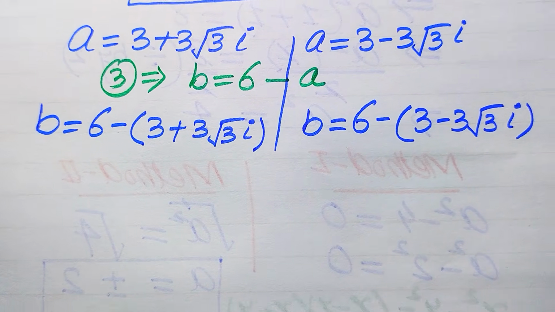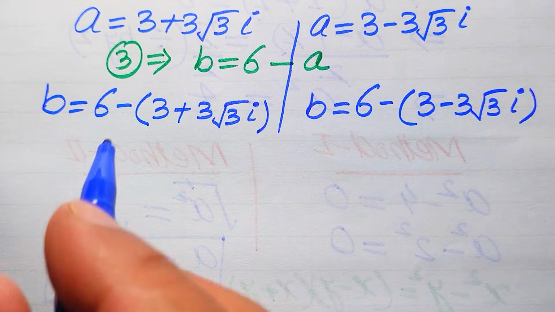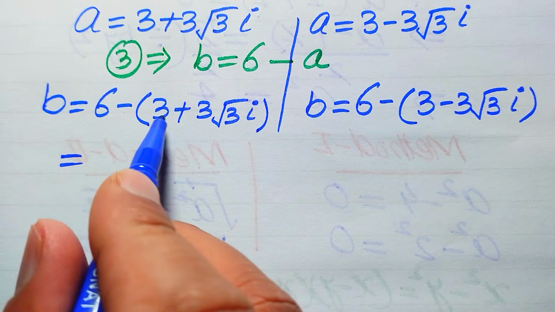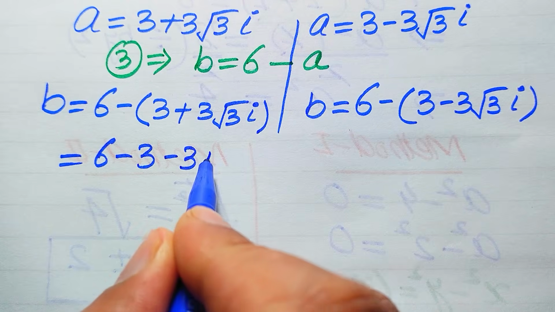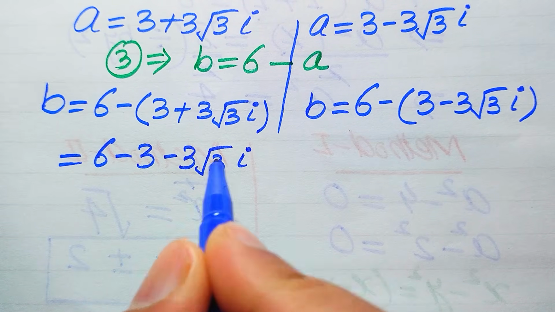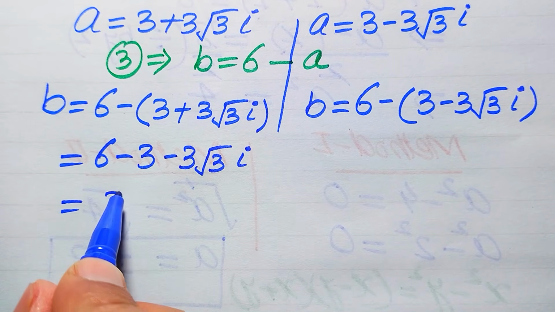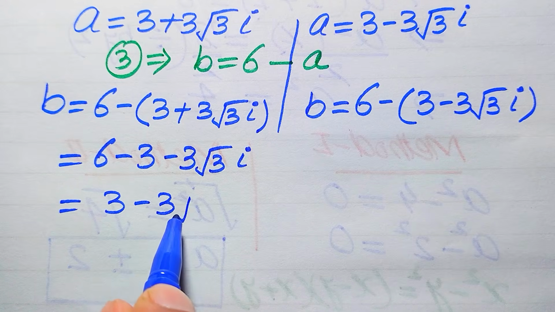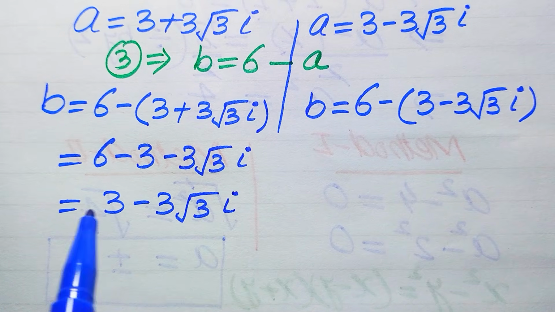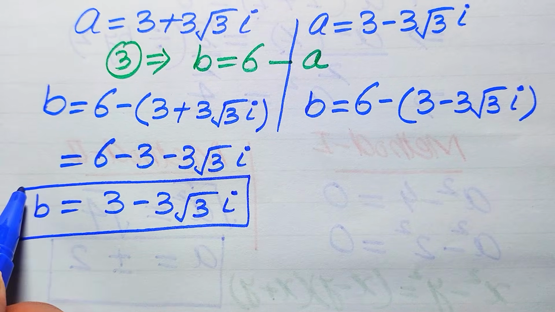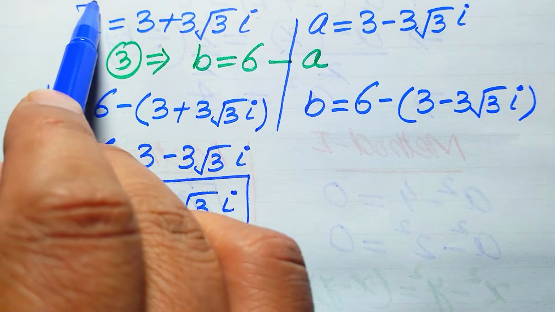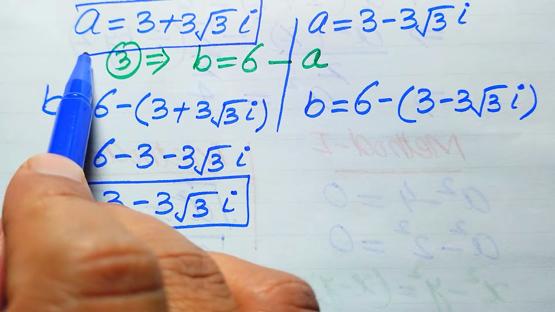So here we need a little bit of simplification for the values of b, and we multiply this negative sign on each of these terms, and it becomes 6 minus 3 times the square root of 3 into iota. So 6 minus 3 becomes 3 minus 3 times the square root of 3 into iota. So this is the value of b which we get from the corresponding value of a. Okay.